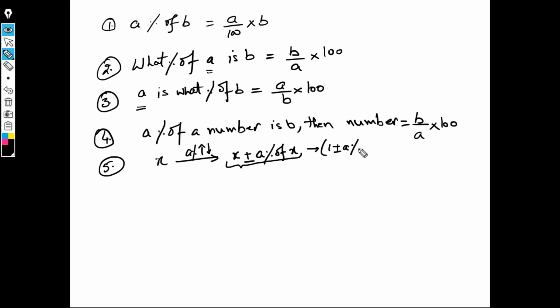Now, whenever we come across an increase or decrease of some percentage in the value, we never write this step. We straightway jump onto this value, wherein the value in this bracket is called the multiplying factor.